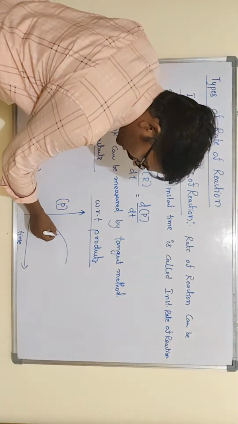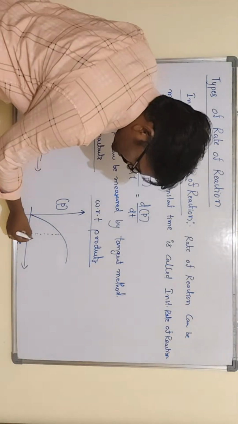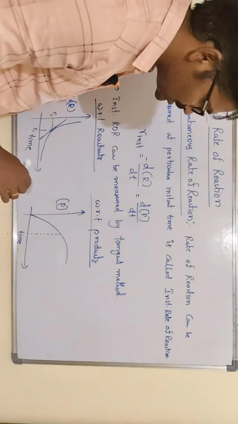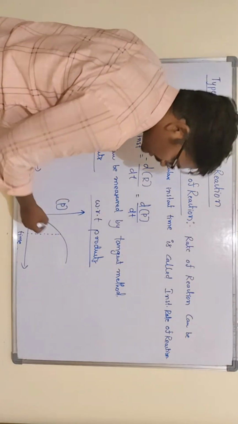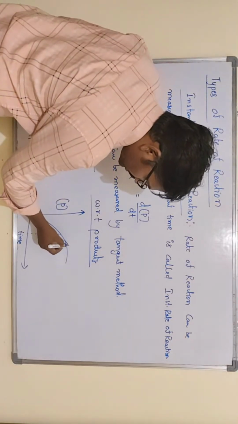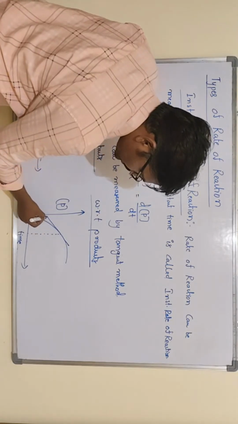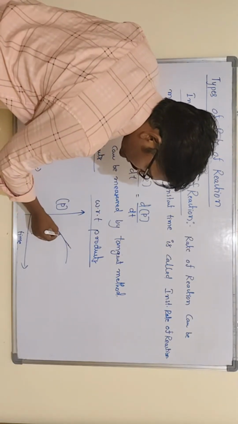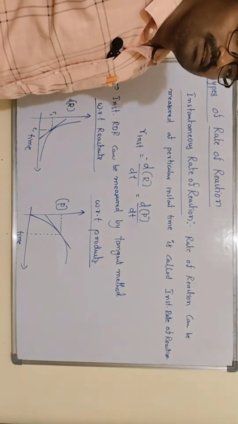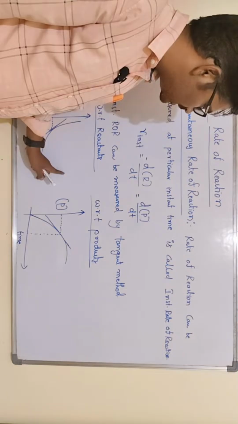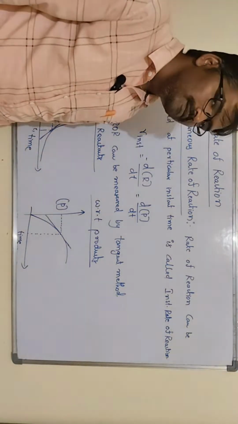At a particular time the concentration of the product increases. So if you draw the tangent at that point, you can find how much the concentration has increased, and based on that we can find the rate. This we call the tangent method.